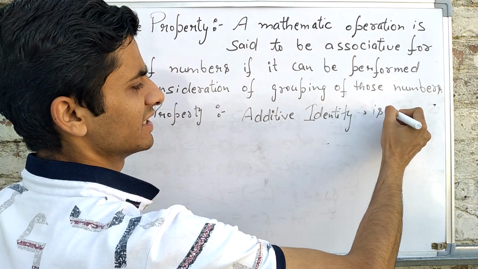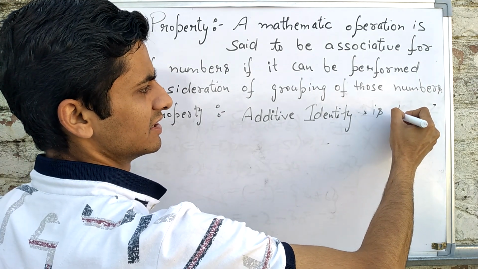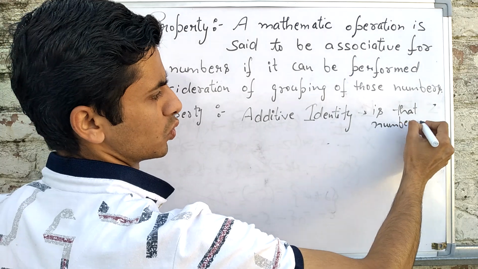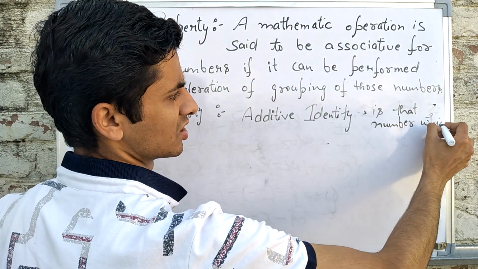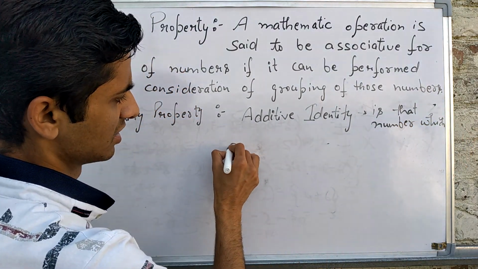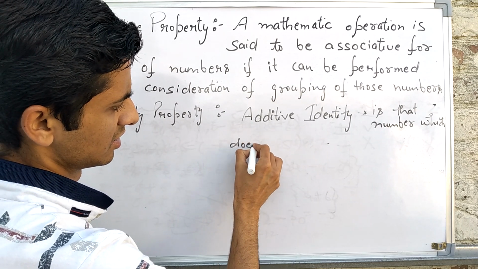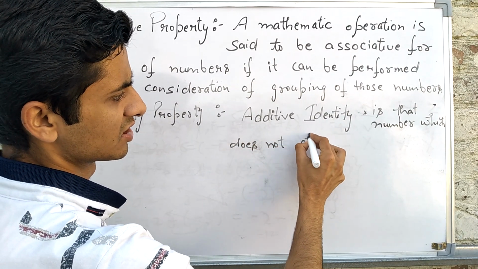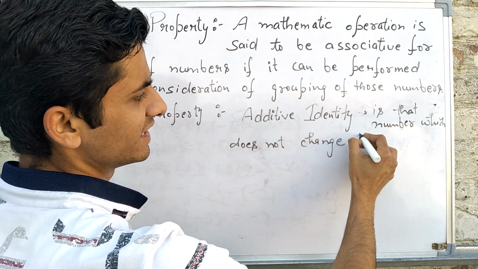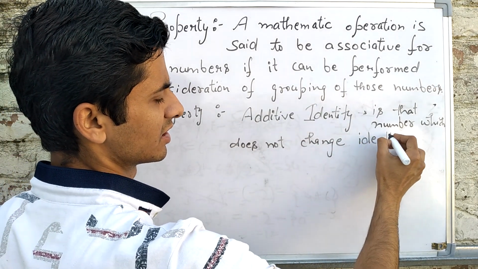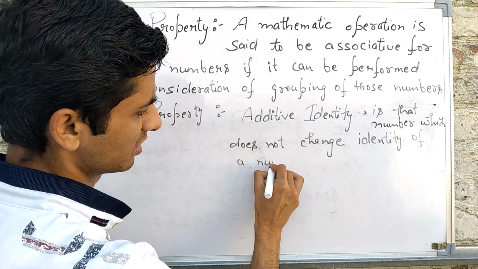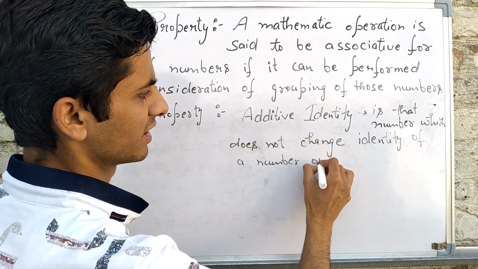Additive identity is that number which does not change the identity of a number on addition.